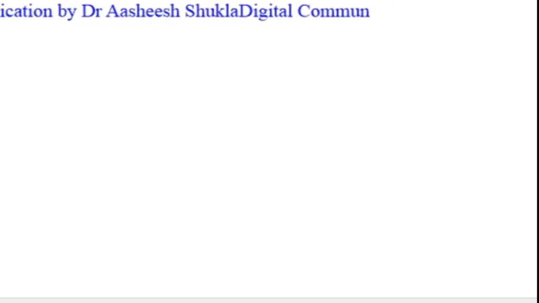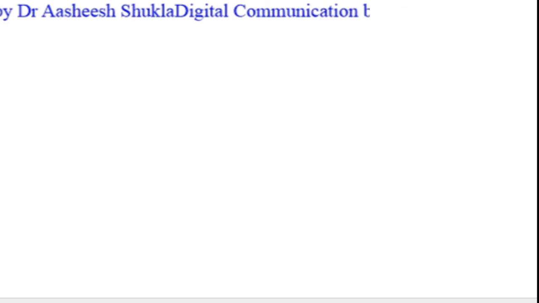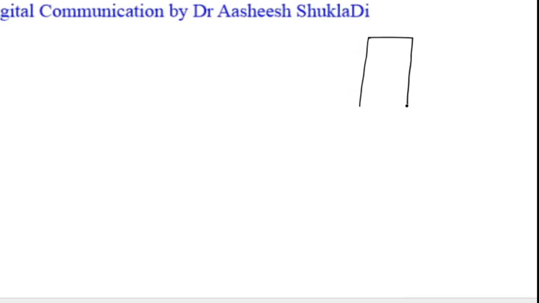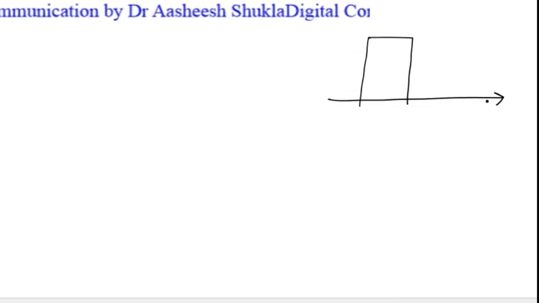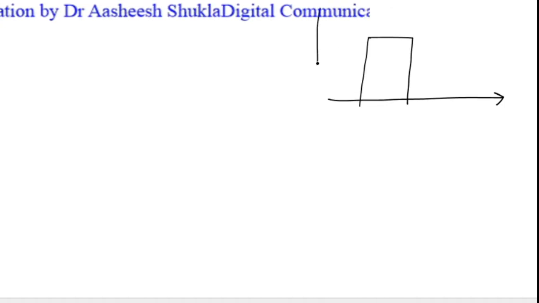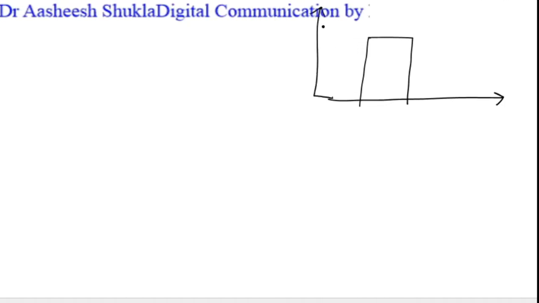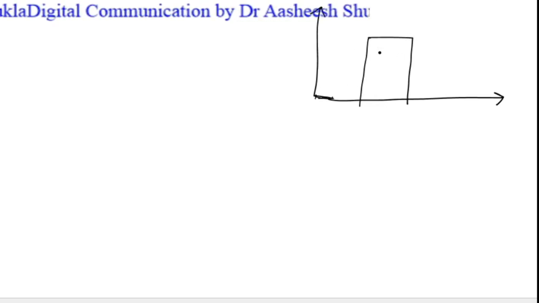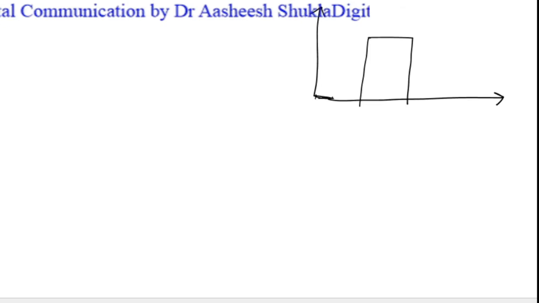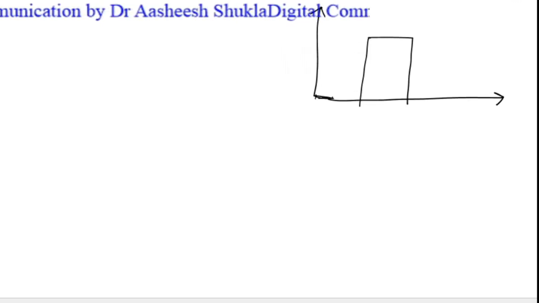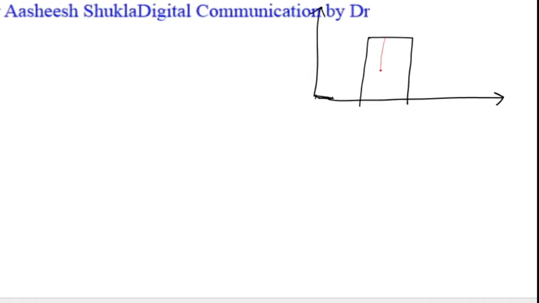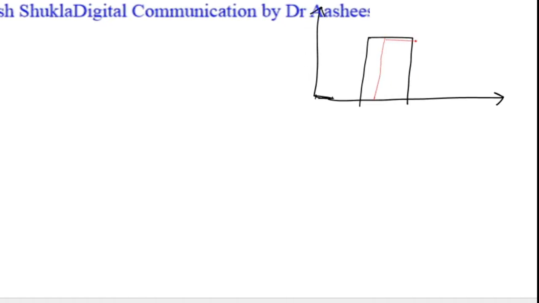Now to get the autocorrelation, we should know its definition. Autocorrelation means the relationship between the pulse and the delayed version of this pulse, right? For example, if you have a pulse p(t), you want to find the relationship between p(t) and the delayed copy of the pulse p(t). To understand this, I have made a pulse p(t), and then we can make a shifted version of this pulse like this.